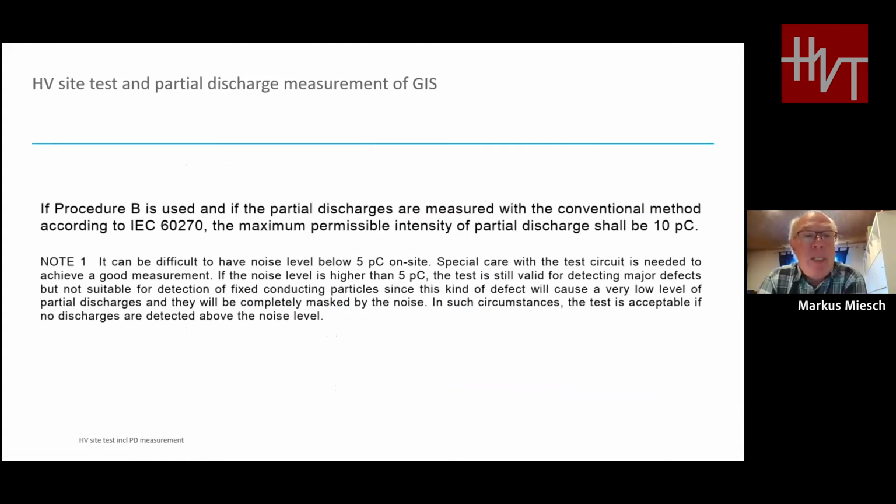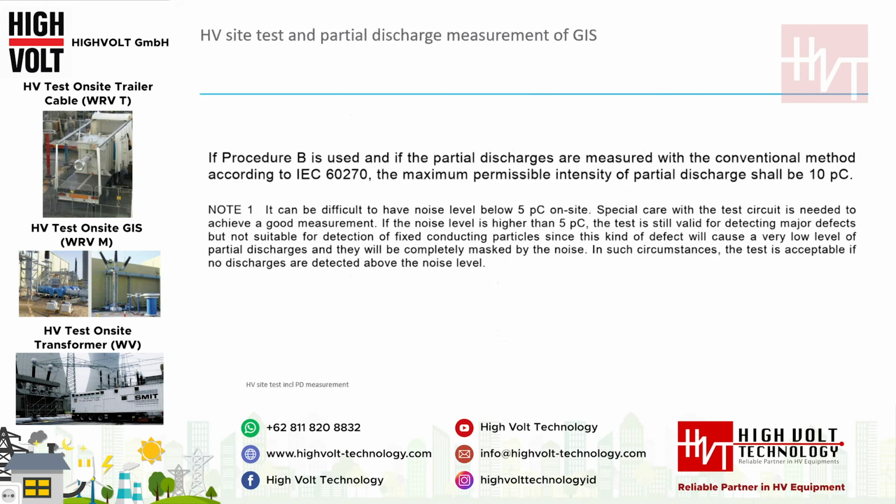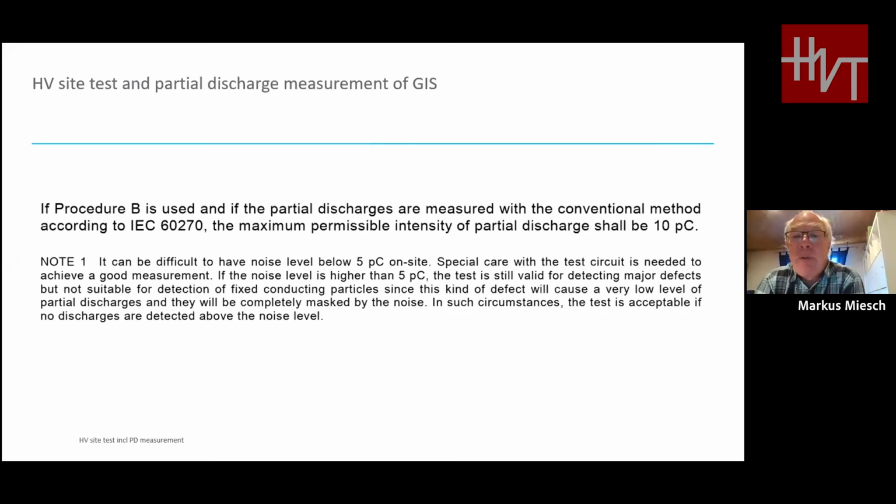If procedure B is used, and if the partial discharges are measured with the conventional method according to IEC 60270, the maximum permissible intensity of partial discharge shall be 10 picocoulomb. This is for the site test. It is also mentioned that it can be difficult to have a noise level below 5 pico on site. Special care with the test circuit is needed to achieve a good measurement.